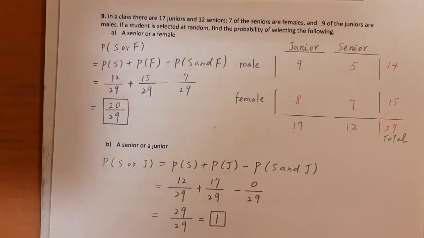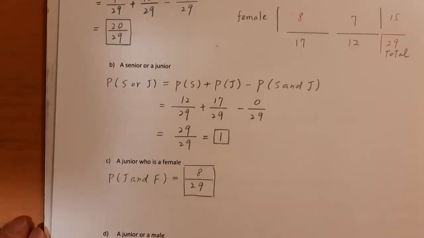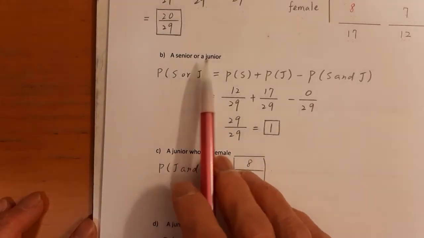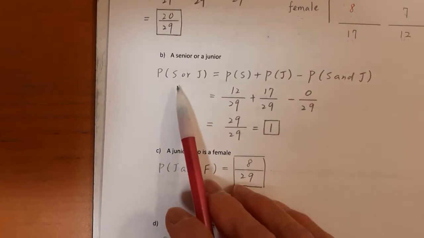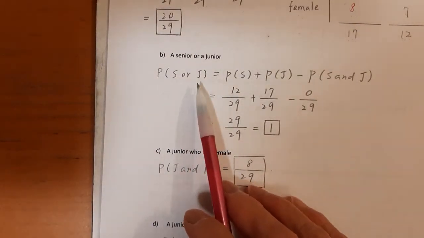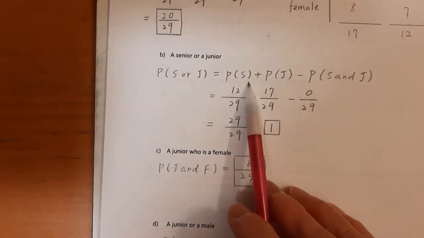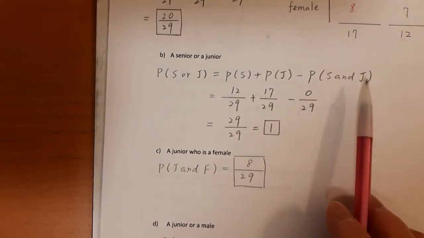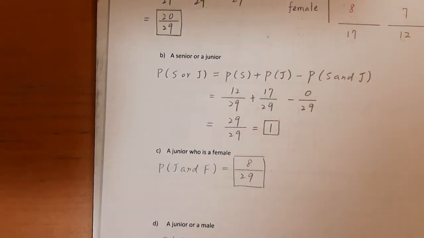And the next one, it's question B. B is senior or junior. Probability of senior or junior is equal to probability of senior plus probability of junior minus probability of senior and junior.